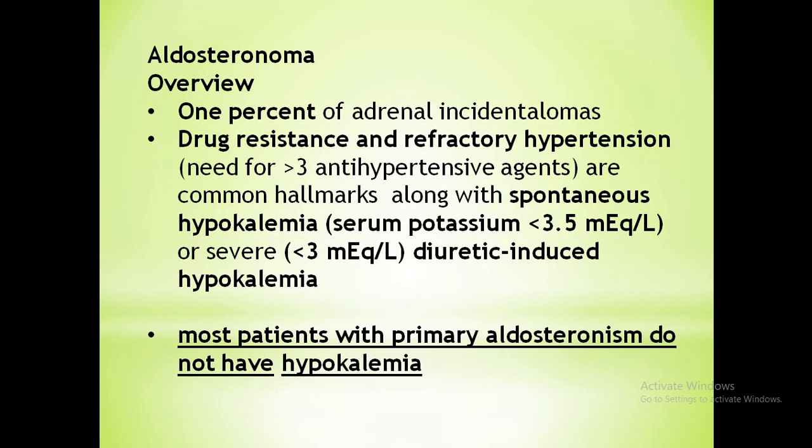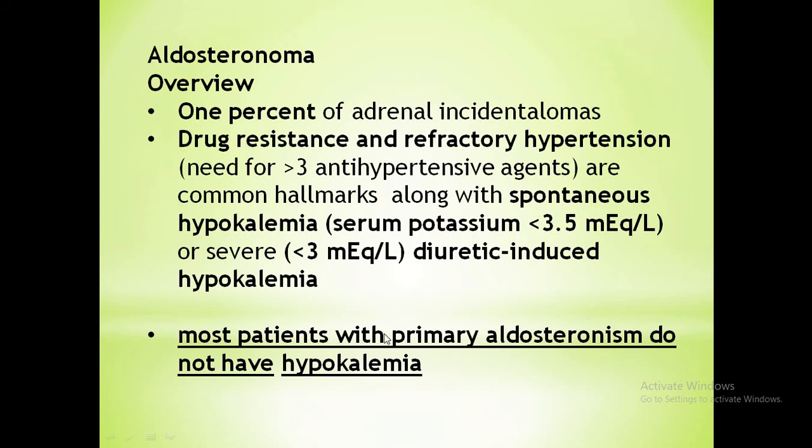Now coming to aldosteronoma, 1% of adrenal incidentalomas. They are drug resistant and they cause refractory hypertension, so you need more than 3 antihypertensives, and they may exhibit spontaneous hypokalemia, that is potassium less than 3.5, or severe diuretic induced hypokalemia.